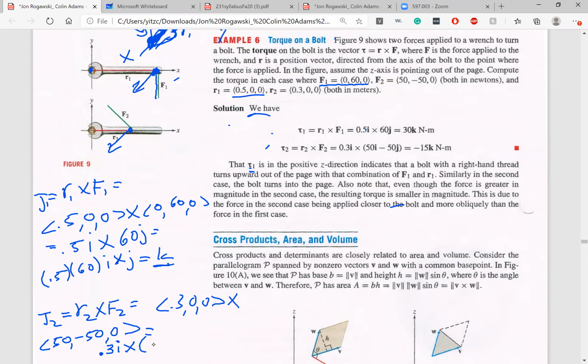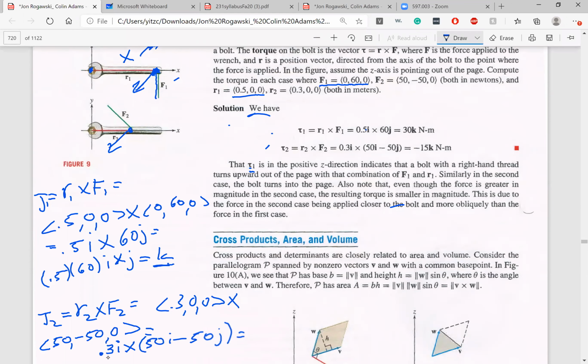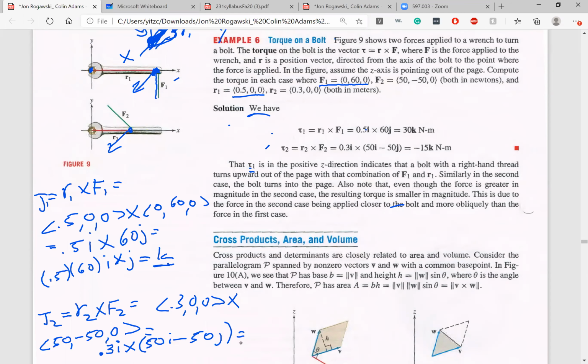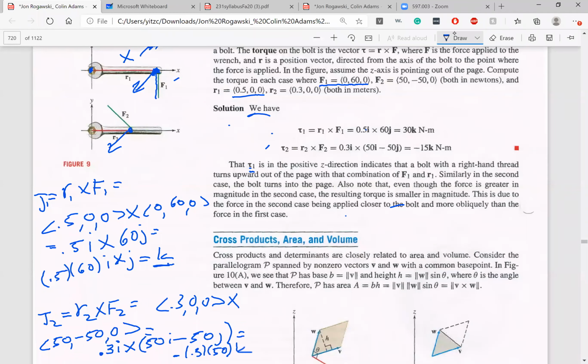That's why it's fairly easy to do the cross product here, and we don't have to look at the formulas that we had before. Now, this times this is going to be 0 because i cross i is 0. So this is going to be equal to negative 0.3 times 50, and then i cross j is k. And that's how we do the second problem.